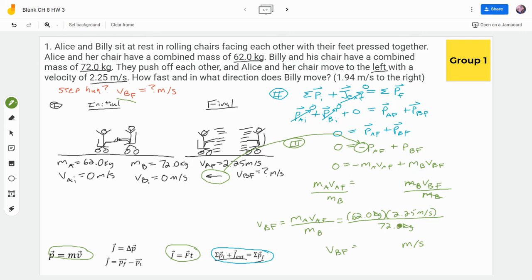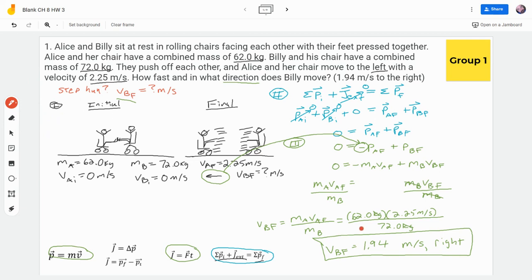If you do this all correctly, you will end up with some number that rounds off to 1.94 meters per second. Now, we also wanted to know the direction. Well, the fact that it's a positive number implies that it's to the right, but let's just write it in. It's going that fast to the right. Okay, so you put a box around it, so your physics teacher knows that that is your answer.